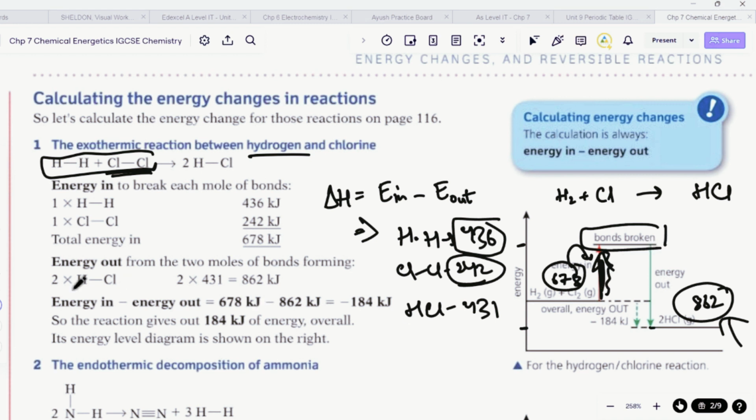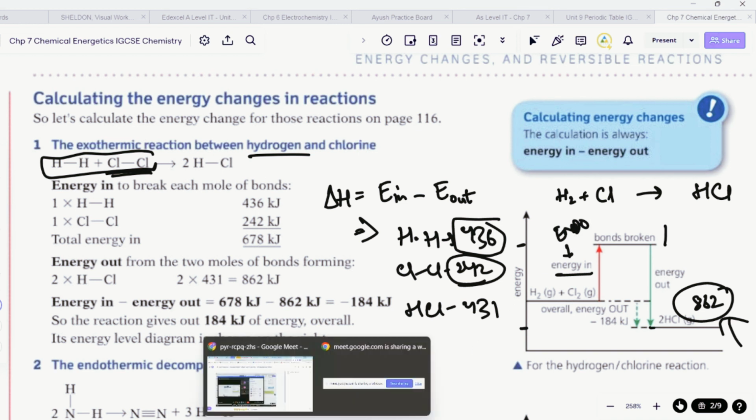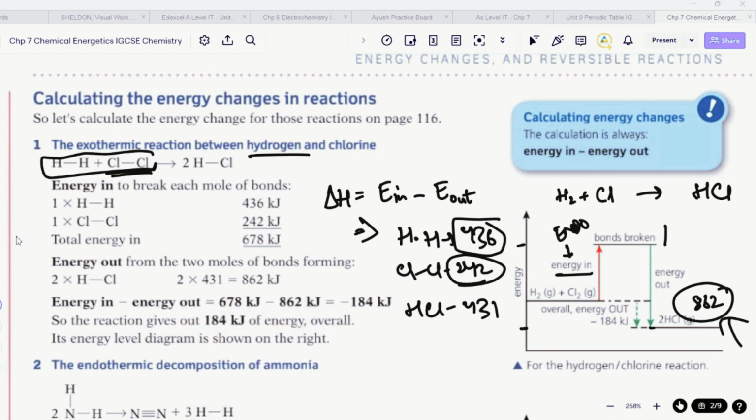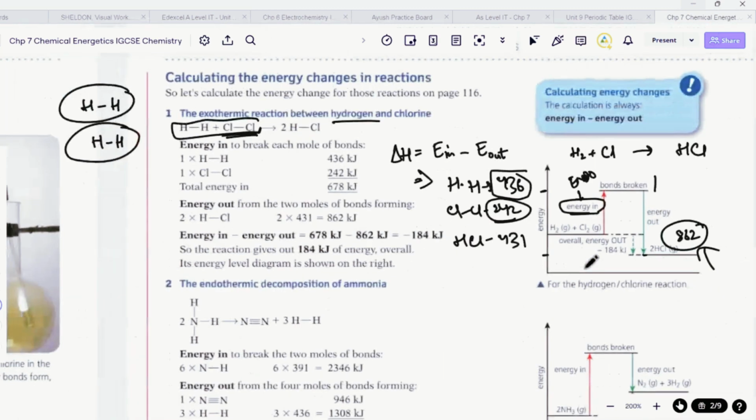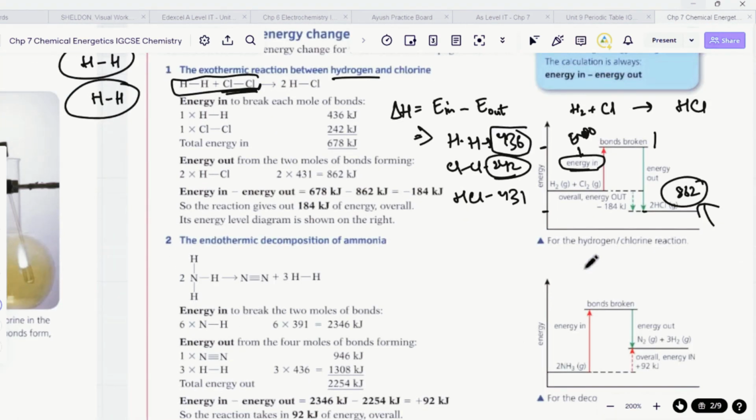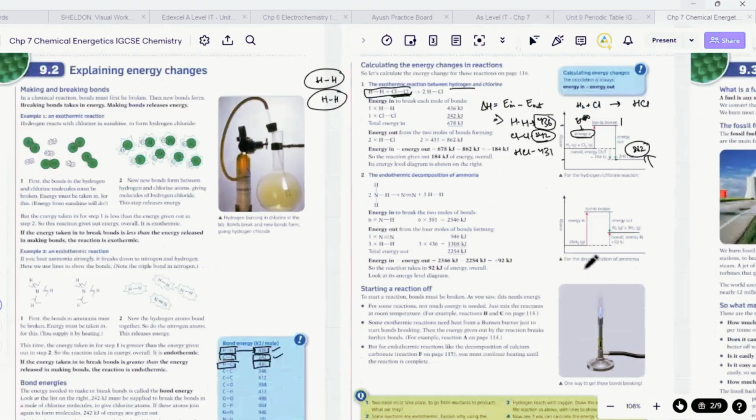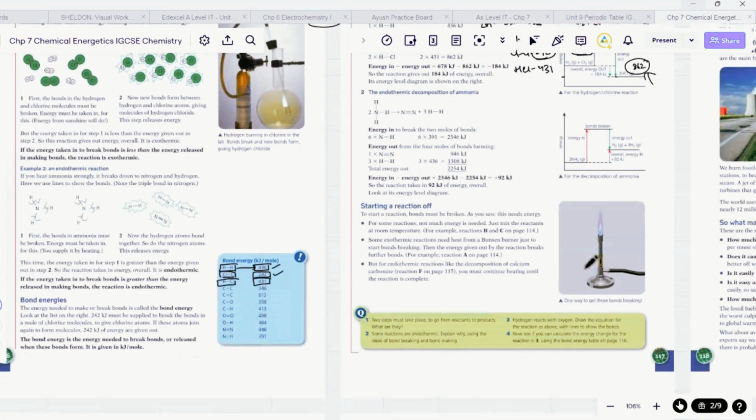Then they break the bond. So this is the energy that they will need to break the bond. That means this is energy in. It means it is the endothermic part. So energy in means what? Try to remember what the mnemonic was.